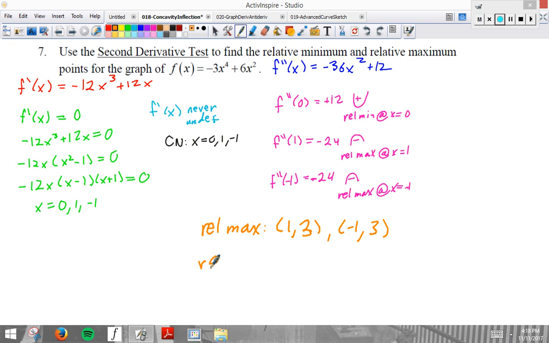And my relative minimum, singular, would be the point 0, 0. And again, these y values come from the function itself, come from f itself.